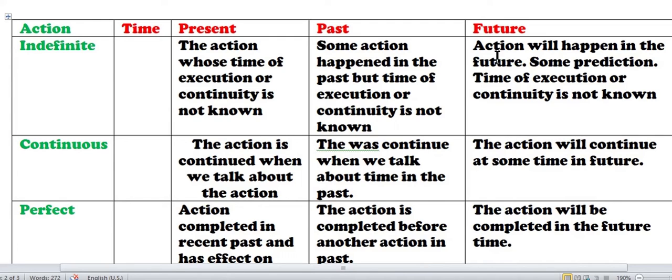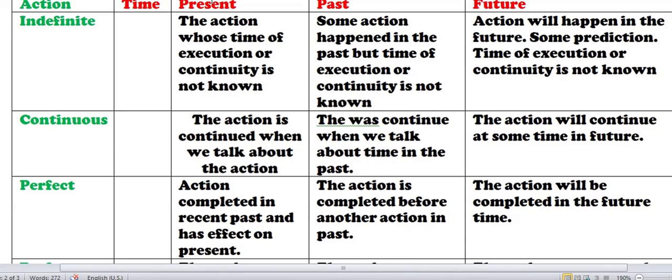Then next we have the time future, and the action is indefinite. So it means the action will happen in the future, some prediction about the action, but time of the execution or the continuity is not now. So keep in mind, when we use indefinite, we never use time, but with the rest of the tenses, we must use time.